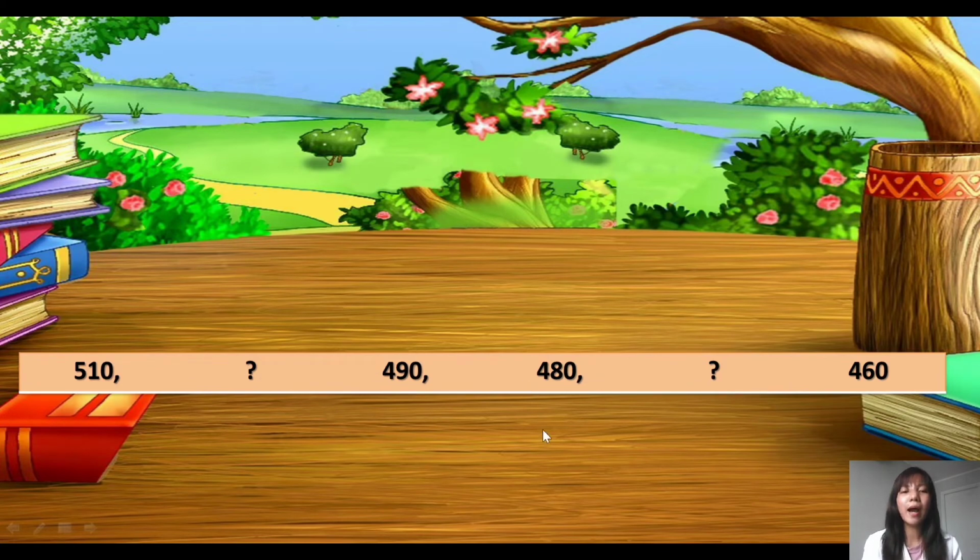So you have to look for the two adjacent numbers so that you can easily get the rule in this number sequence. So here, from 490, it becomes 480. What did we do in this number 490 to make it 480? So what is the rule?